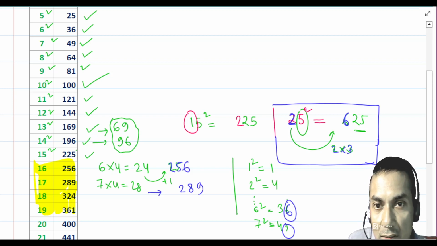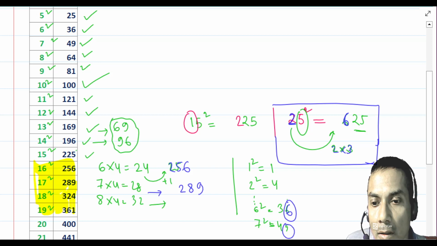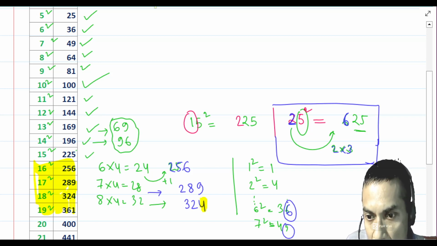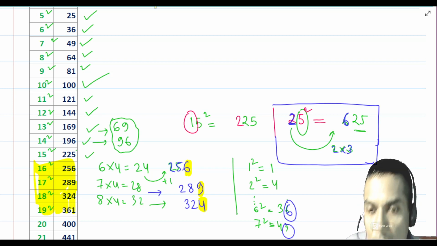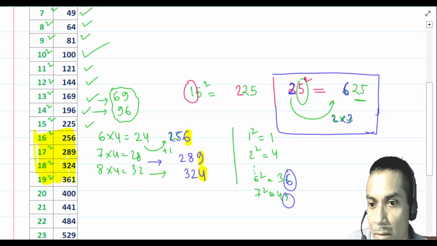You get 17 square is equal to 289. And 18 square: 8 into 4 is 32, and 8 square is 64, so the unit place is 4. Hope this unit place value is clear to everyone. You need not remember the unit place; only how I find out the unit place value is important.